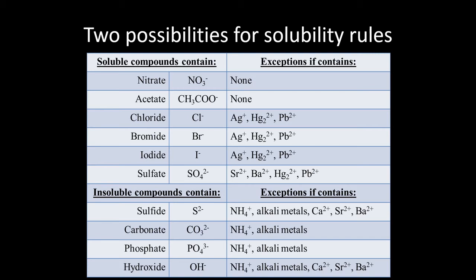So these will dissociate in water if they're dissolving. So everything in this top section here, these ions, are commonly soluble. They are usually soluble. They will usually dissolve in water. And the exceptions to that rule are listed to the right.